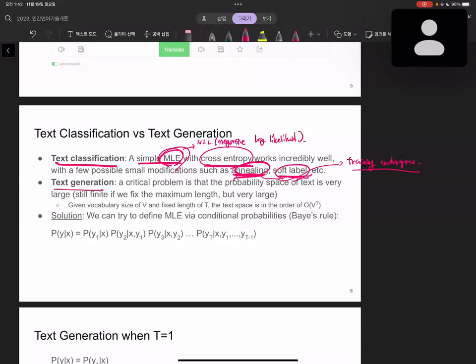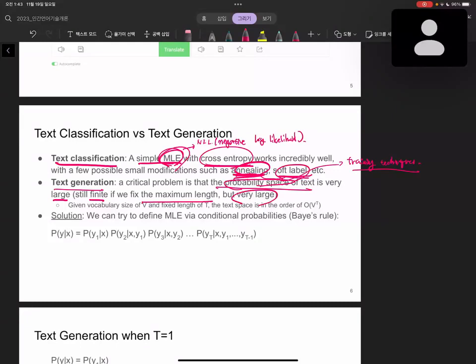And for text generation, the critical problem is that the probability space of text is very large. The probability space is still finite if we fix the maximum length, but still very large. It is almost impossible to model all the possible probability space, right?